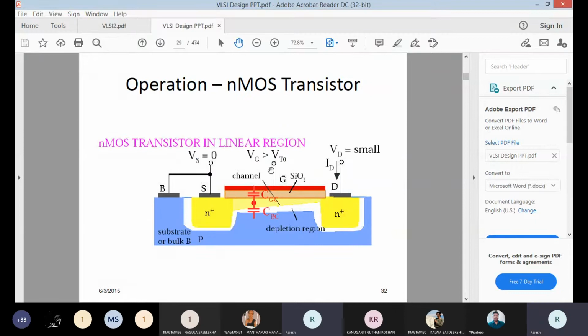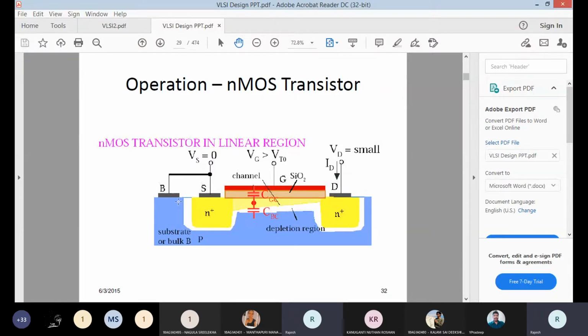Now if you see in this diagram, when VGS is greater than the threshold voltage, electrons will come and settle in the channel region. Source and substrate are at the same potential. In a few other classes, we are going to see why we need to apply a source to substrate potential.